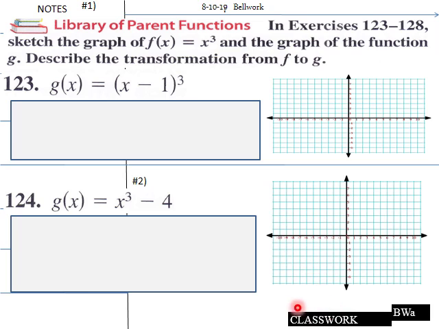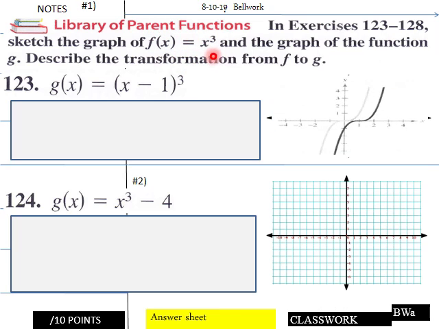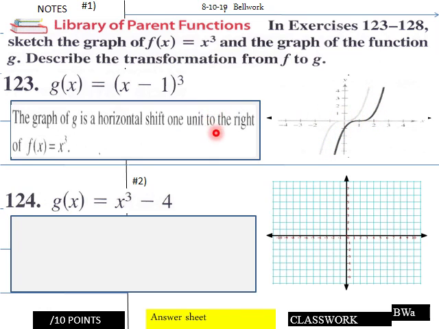Okay, welcome back everybody, and let's find our solutions now for our bell work today. For 123, we have this situation here, cubed, and how that relates to f of x equals x cubed. Here is f of x equals x cubed. Here we have a shift to the right 1 unit because of your -1 here.